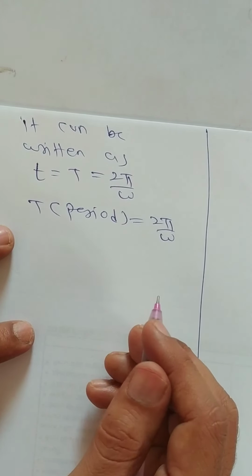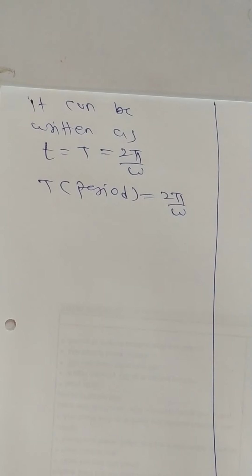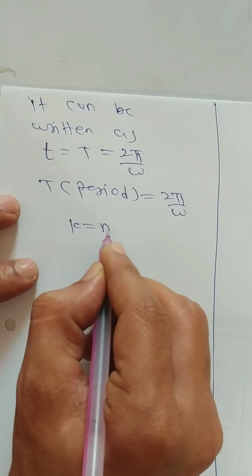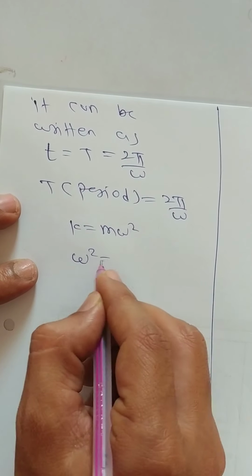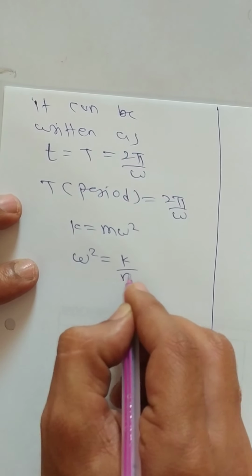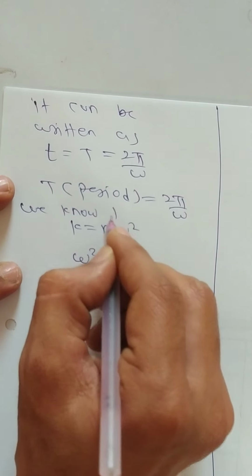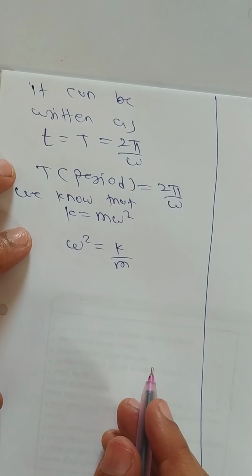And we know from the introduction of this lecture that k is equal to m omega square. So omega square is equal to k upon m. We know that k is equal to m omega square, so omega square is equal to k upon m.